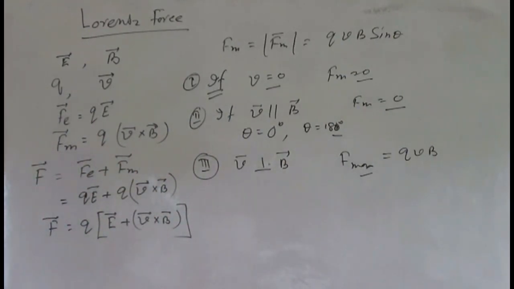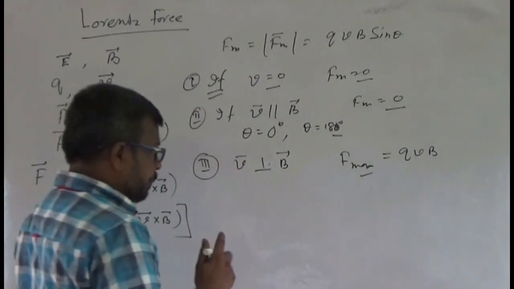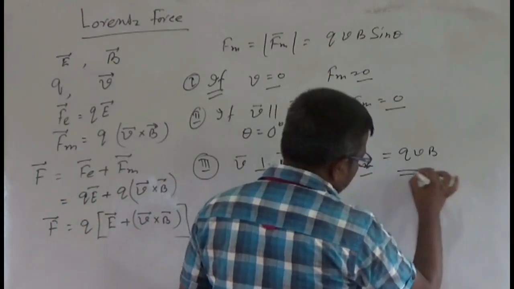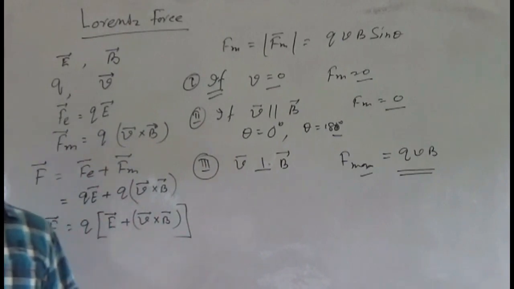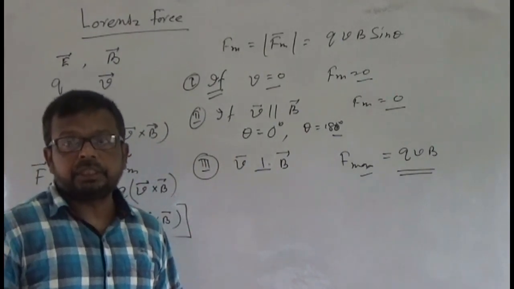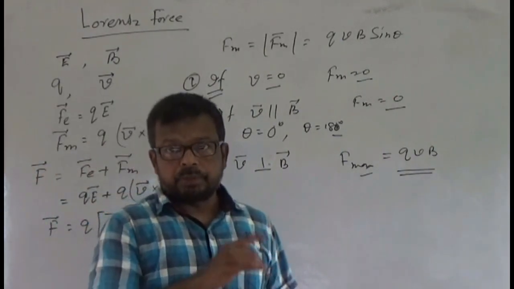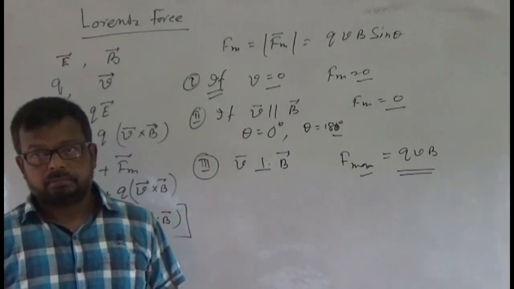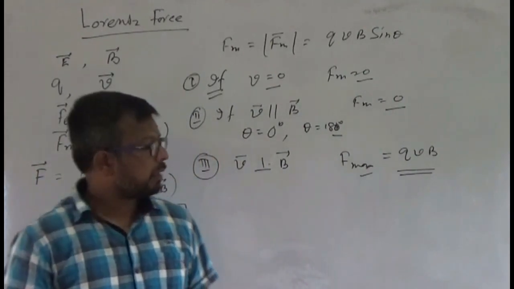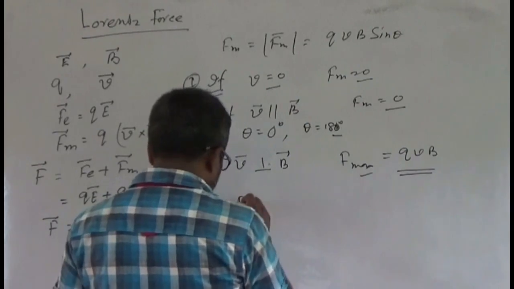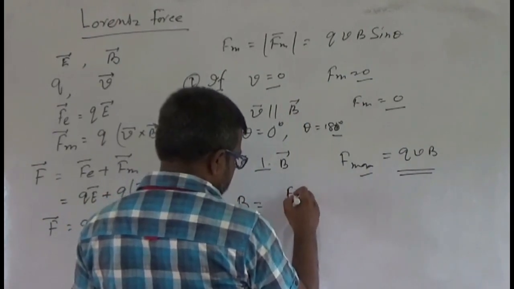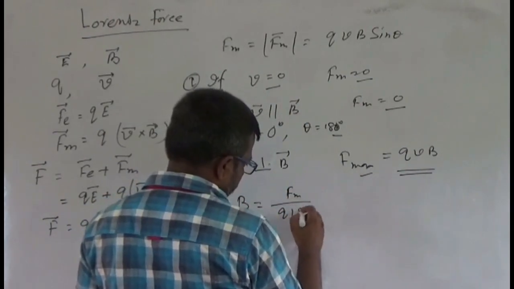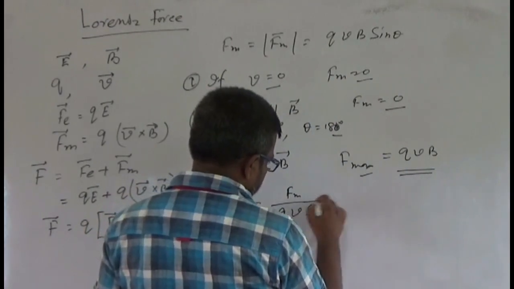Is it clear? Now, from here we can define the magnetic field strength, that is B. See here, B can be written as Fm divided by QV sin theta.